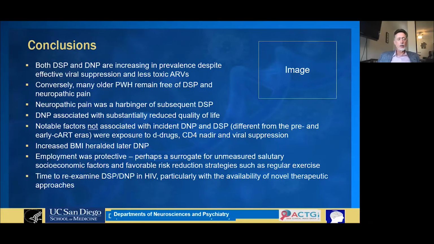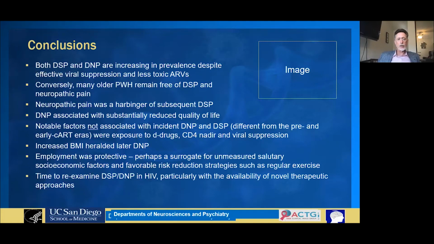Now it looks like body mass index, obesity is a predictor, and employment was protective. We think that it may be a surrogate for unmeasured health factors such as socioeconomics and regular exercise.